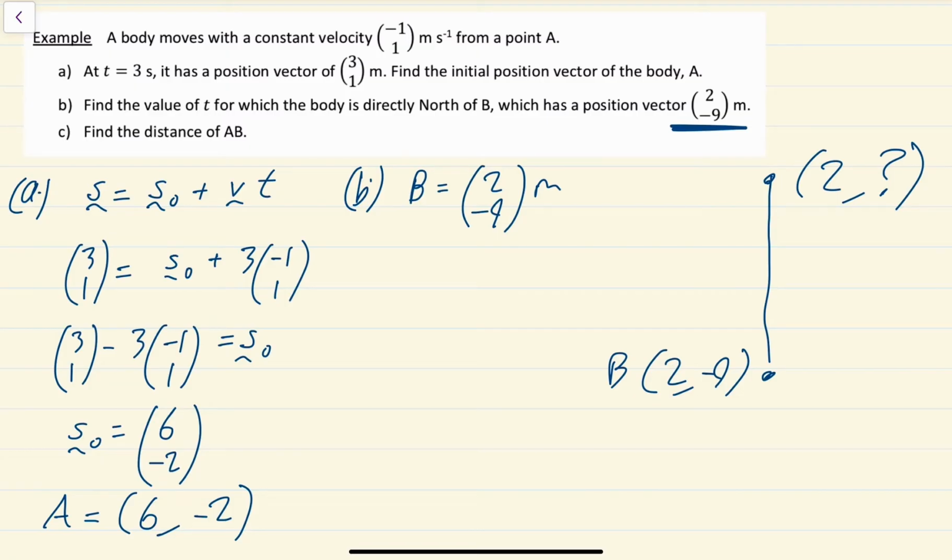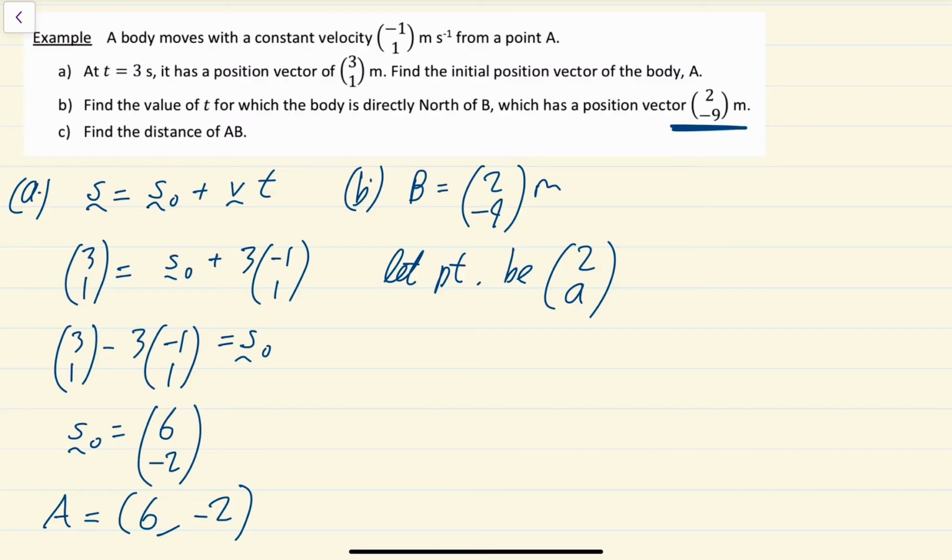If it's directly north, I'm going to say let point B be (2, a). Okay, let this point be (2, a). We don't know what it is. We're going to work this out. All right, let me get rid of this wee diagram, give myself a wee bit of space. So that means we're firing everything we know into this.